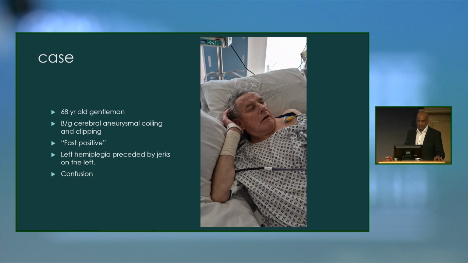That would have been uncanny. But Mr. Adamkiewicz is a 68-year-old gentleman. He has a background history of a cerebral aneurysm, coiling and clipping, 2 separate aneurysms, and he presented as a fast positive. He presented with left hemiplegia, and this was preceded by jerks on the left side, and he was noted to be confused.